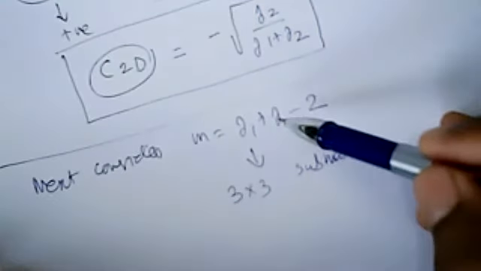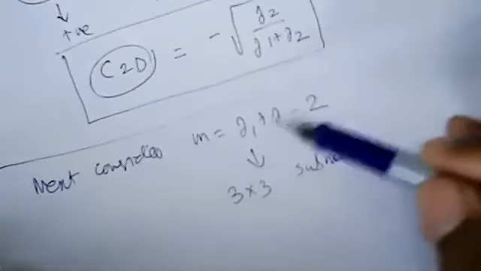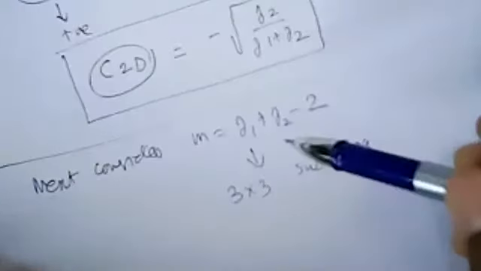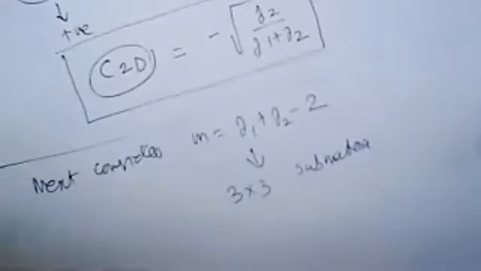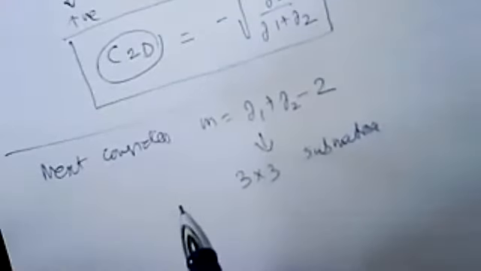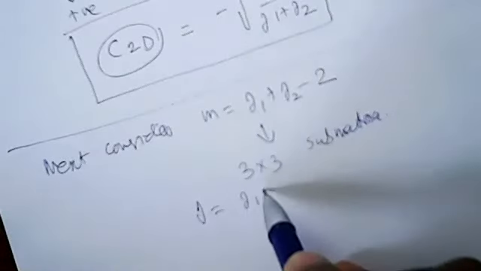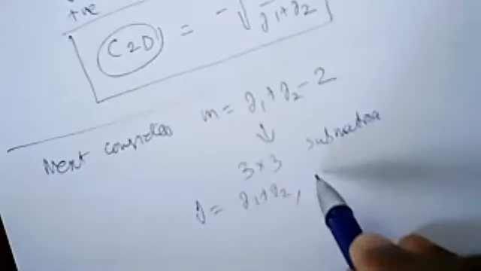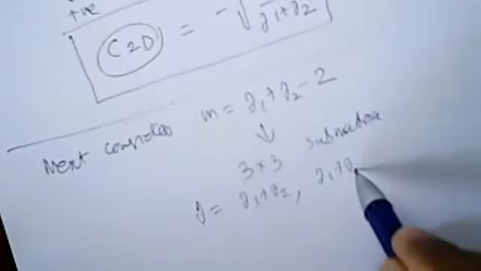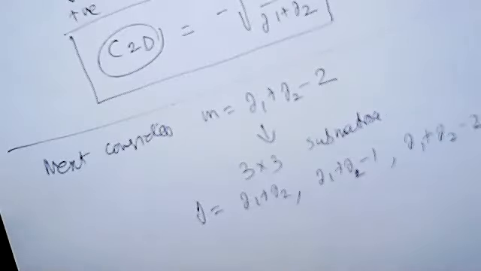Earlier we had a 2 by 2 matrix. This can be obtained in 3 ways, as we have already discussed. So correspondingly we have a 3 by 3 submatrix, corresponding to J equal to J1 plus J2, J1 plus J2 minus 1, and J1 plus J2 minus 2.